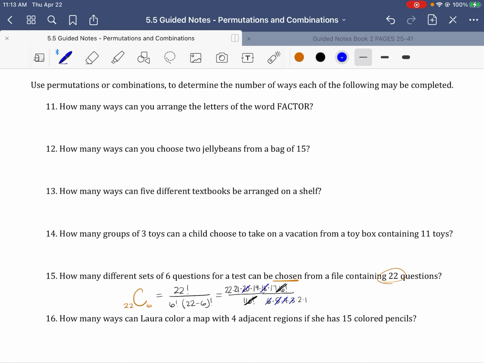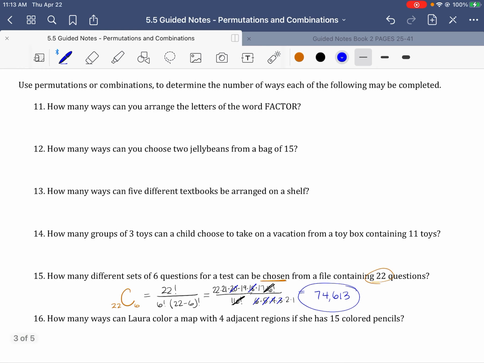So you can get rid of a few of those. Again, you don't have to do it like that. You can just use the calculator. But essentially when you start to simplify all of this, oh, that gets messy, we should get 74,613. Lots of different combinations.